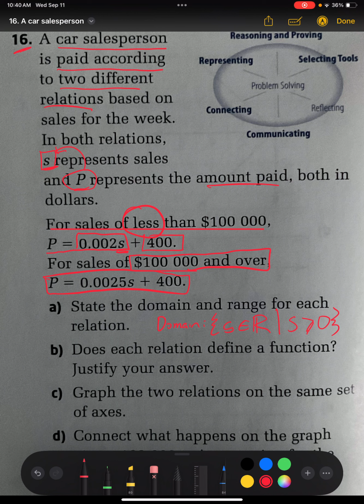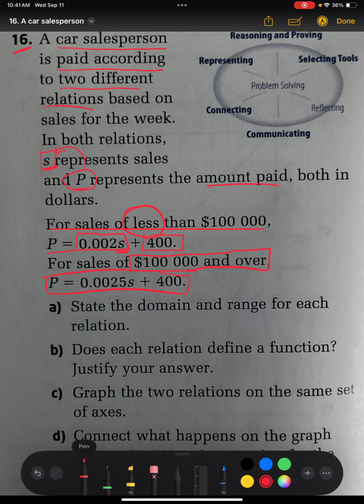we'll just write the range here. The range is for P. Pay is an element, actually, the truth is, for the first relation, there's going to be a domain and range. Let me redo that.